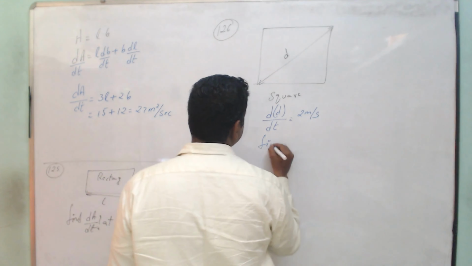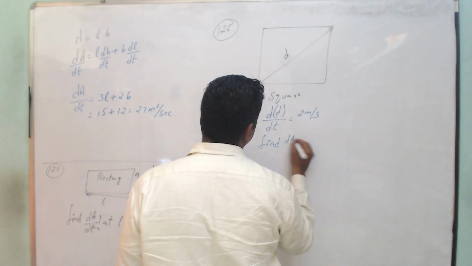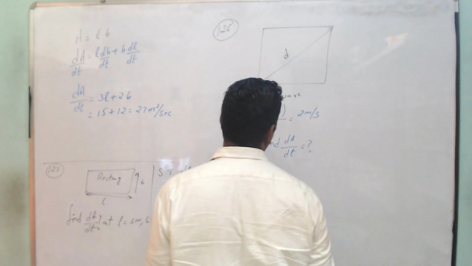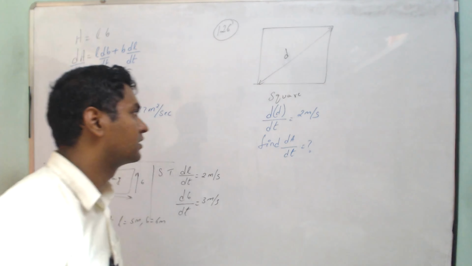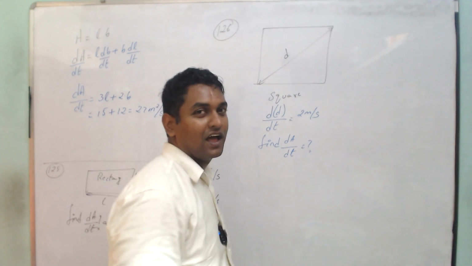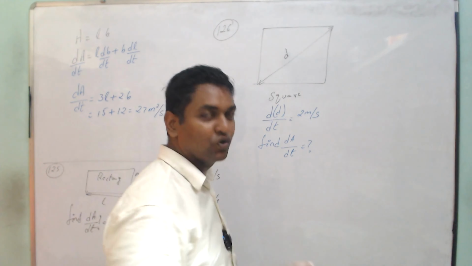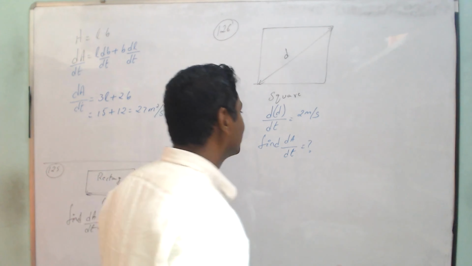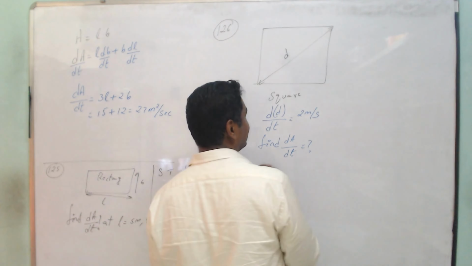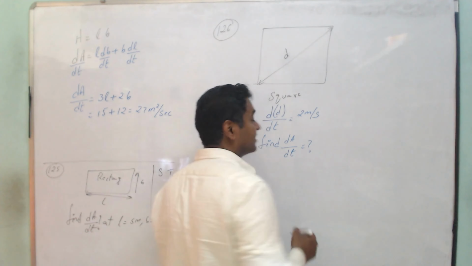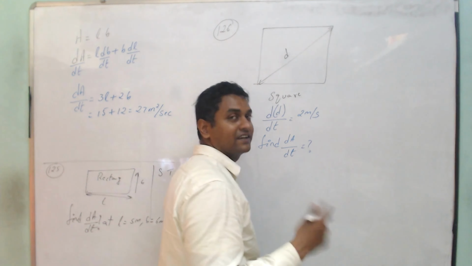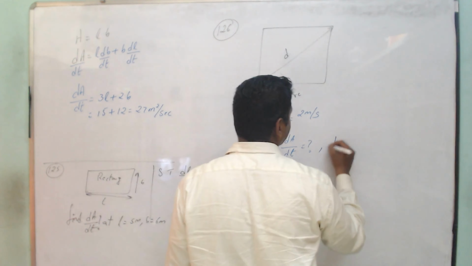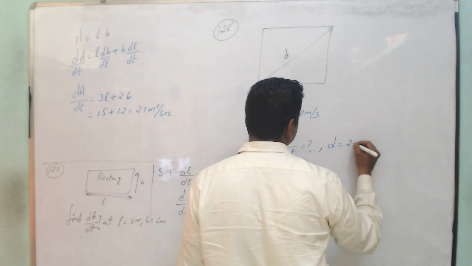Find the rate at which the area of this square is varying when the diagonal is given as 3 meters. Area of a square from diagonal is what? Diagonal has some relation with the side, root 2 s, something like that. Use the Pythagoras theorem.